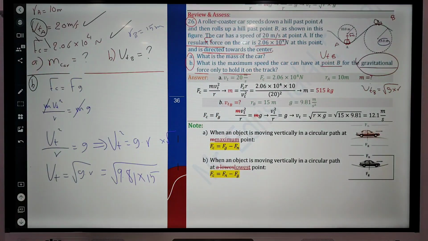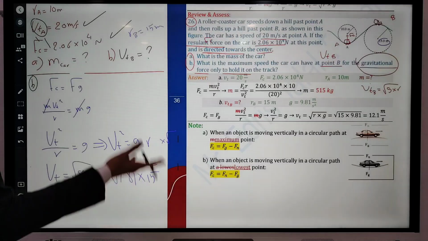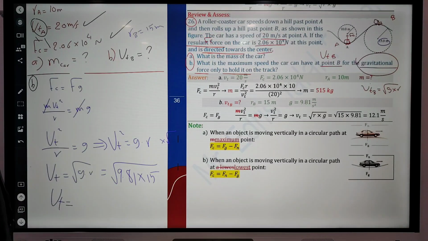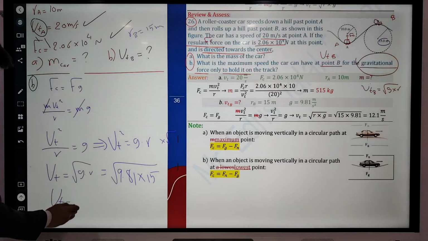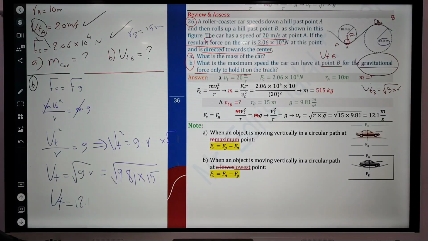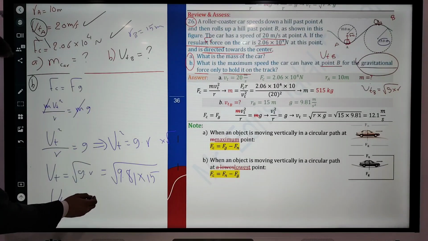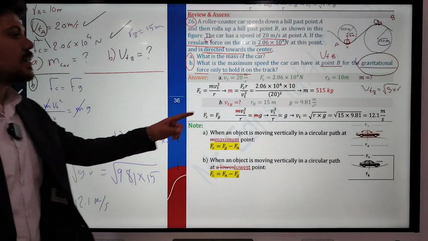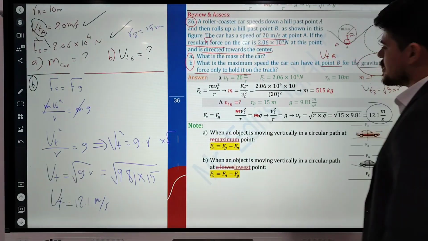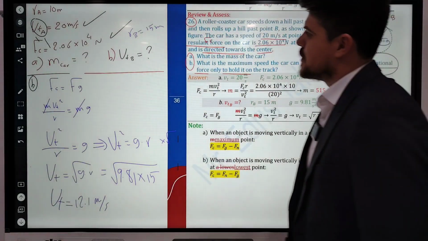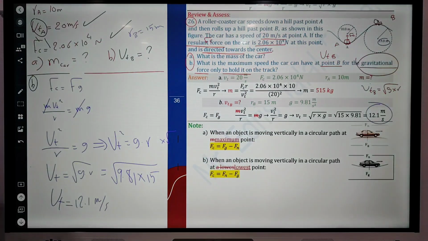So in this way you can find Vt, which should be less than at point A because the object is moving upward and its velocity decreases because of gravity. It is 12.1 meters per second. Okay, you can screen this solving if you want.